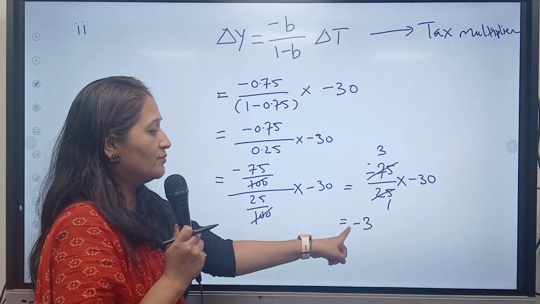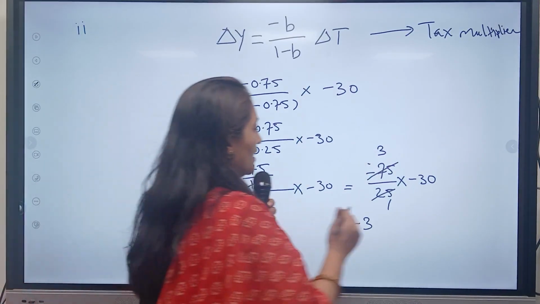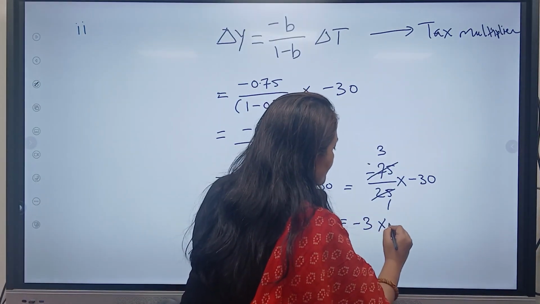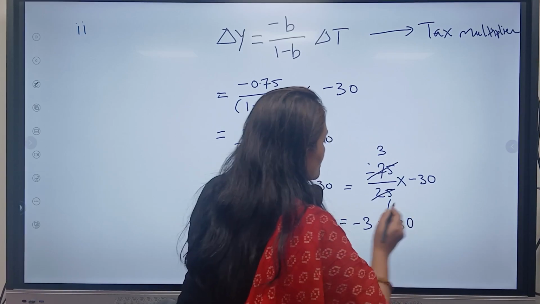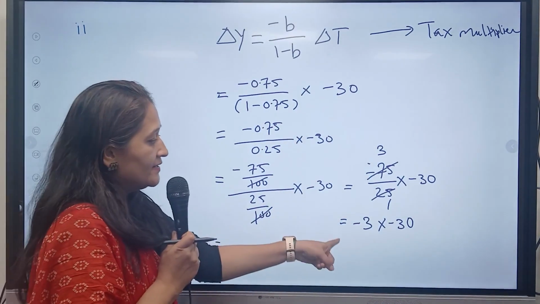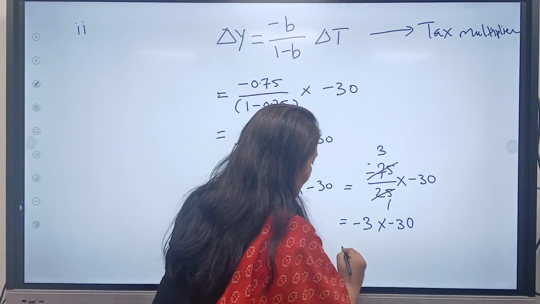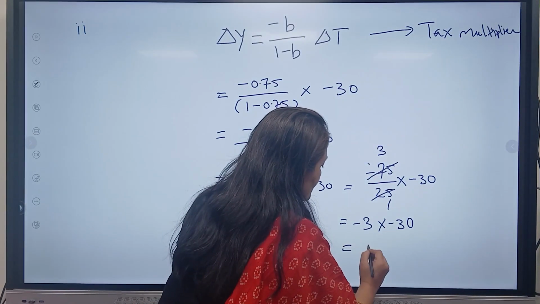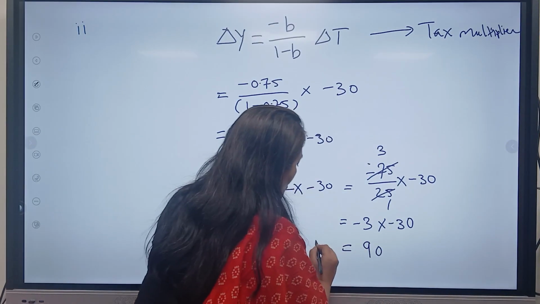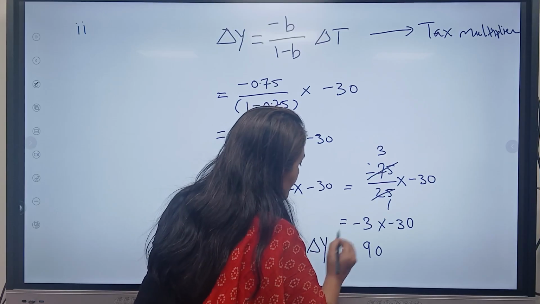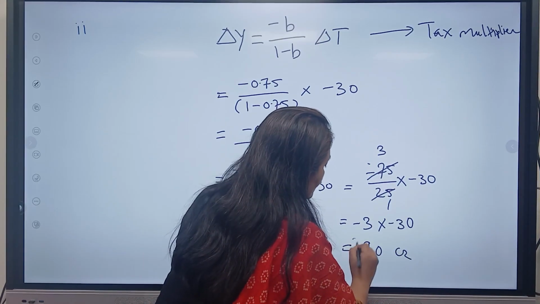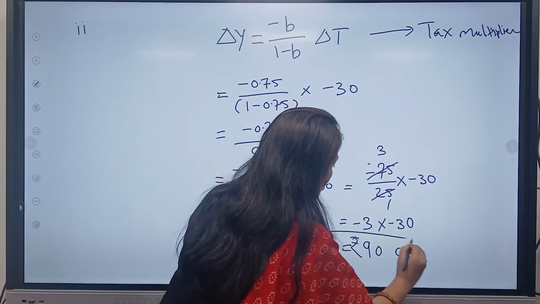Therefore the value of the multiplier will always be negative. But since the tax reduction also has a minus value, it's minus 30. So minus 3 into minus 30, the answer is simple. It's plus 90. So change in income is plus 90 crore rupees.